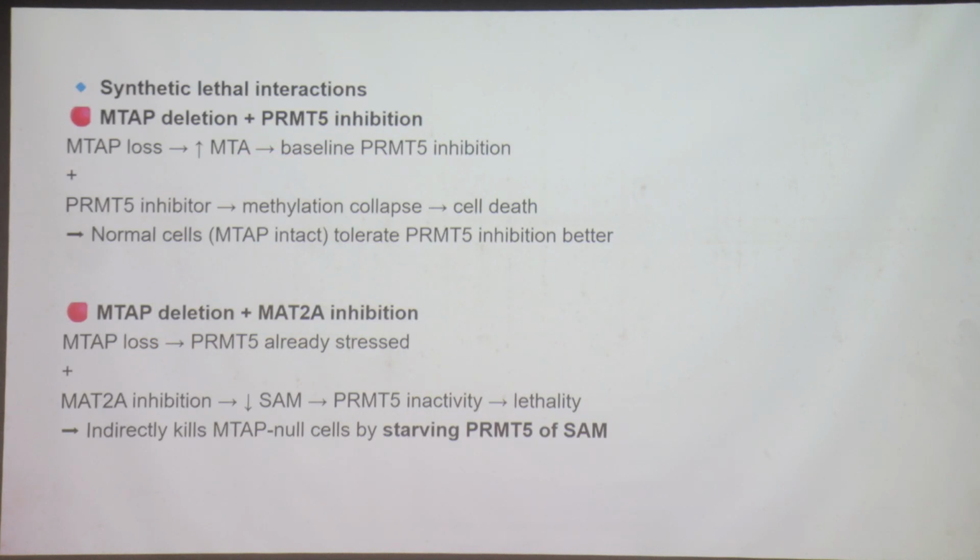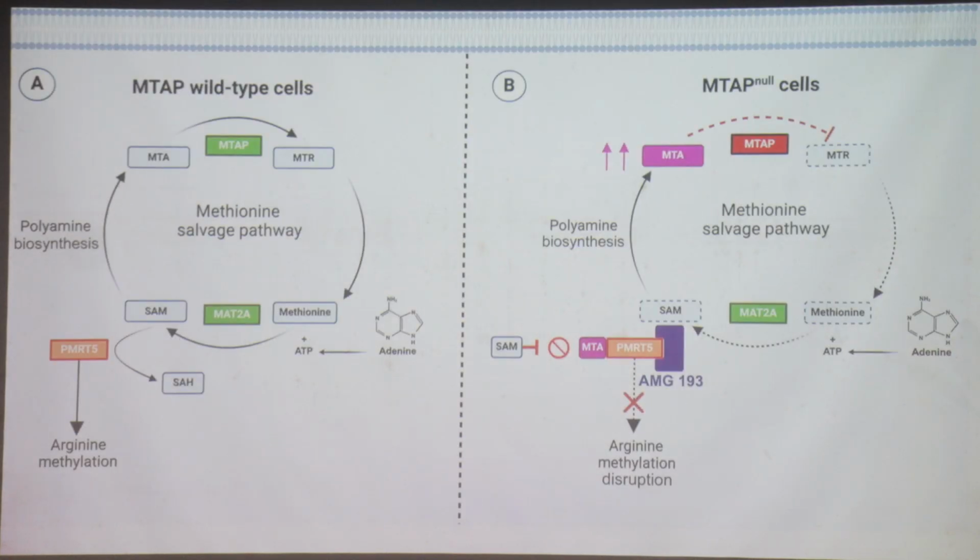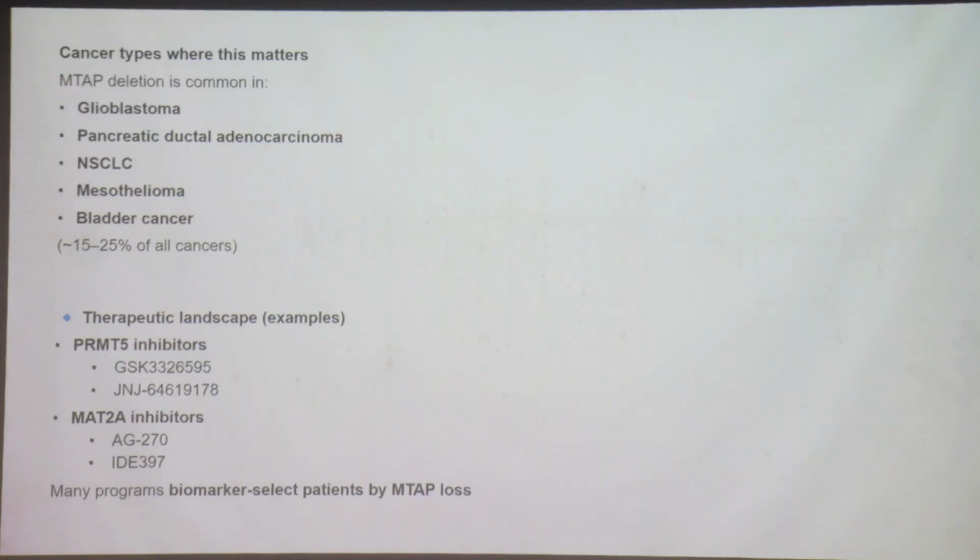Okay. And now, this is exactly the same thing written there. So indirectly killing MTAP null cells by starving PRMT5 of SAM. Okay. So same thing written in detail here. And these are just to tell you to keep in mind, MTAP deletion is accidental, right? They are trying to delete a tumor suppressor.